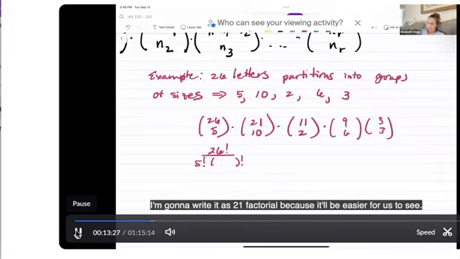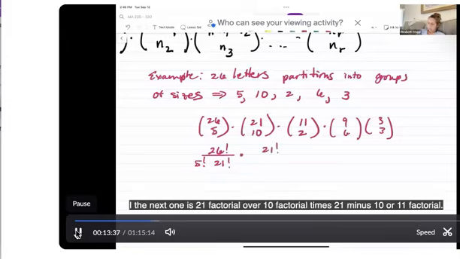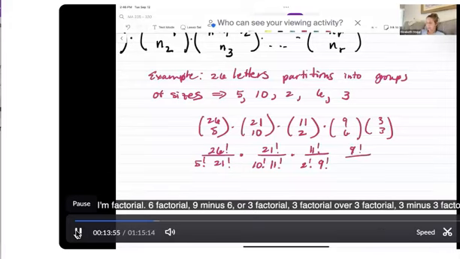The next one is 21 factorial over 10 factorial times 21 minus 10, or 11 factorial. The next step, 11 factorial over 2 factorial times 11 minus 2, or 9 factorial. Then 9 factorial over 6 factorial times 9 minus 6, or 3 factorial, and 3 factorial over 3 factorial times 3 minus 3 factorial.